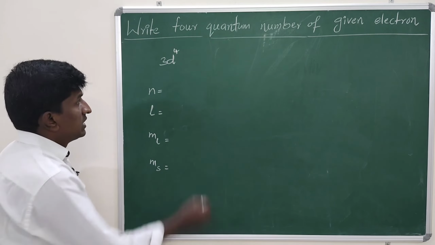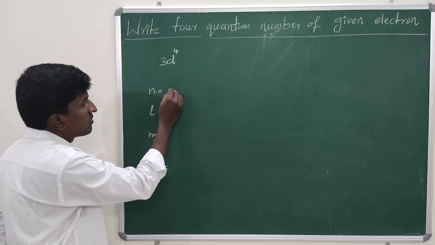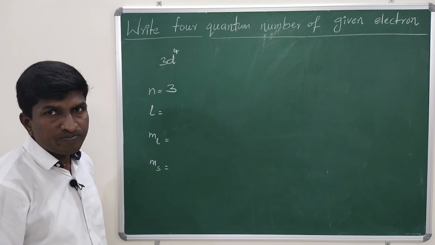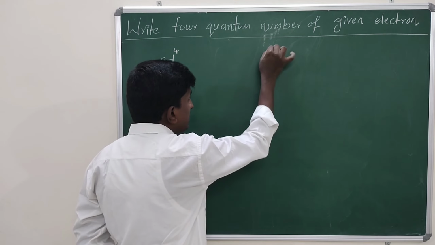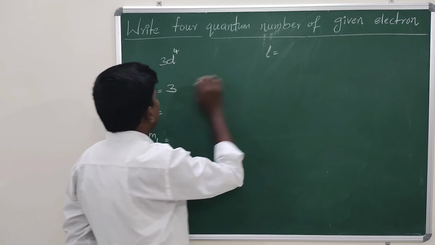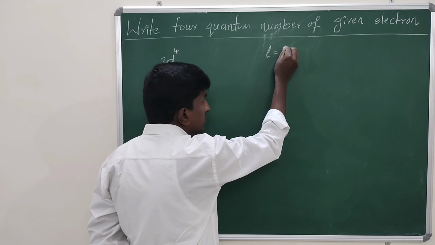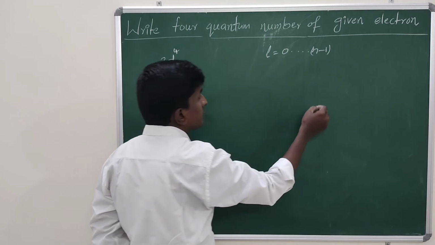The d orbital belongs to the third shell, so the principal quantum number is 3. And second, the angular momentum quantum number: we have already discussed that depending on the n value, the values are 0 to maximum n minus 1.